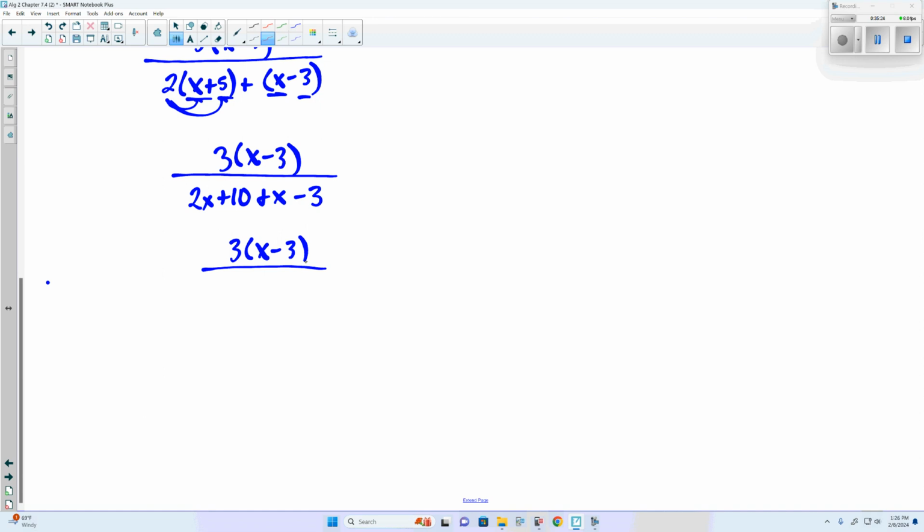Lo and behold, we do have like terms: 2x plus x is 3x. 10 minus 3 is 7. Is there a common factor on the bottom? No. So it's just going to say 3x plus 7, because we can't simplify any further. So our final answer is 3 times x minus 3 over 3x plus 7. That's it.